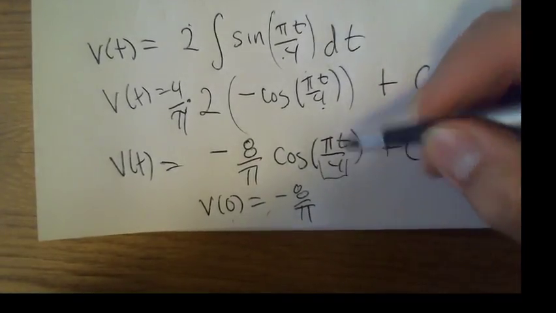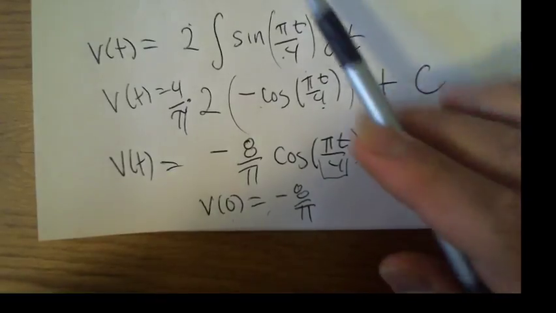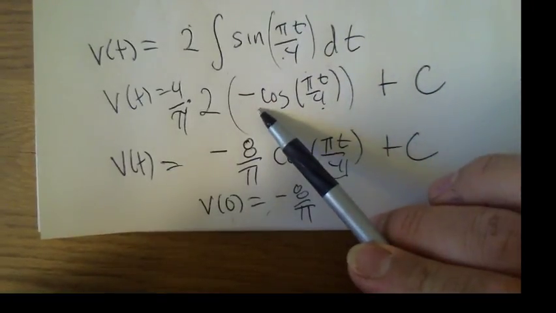The minus comes from the antiderivative of sine. It's the negative cosine. That's where that comes from.